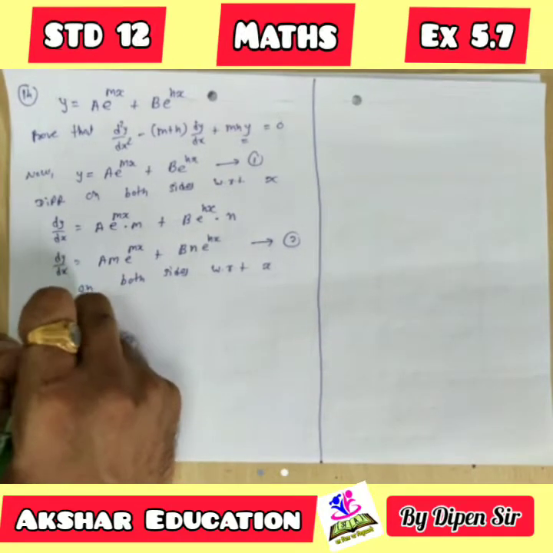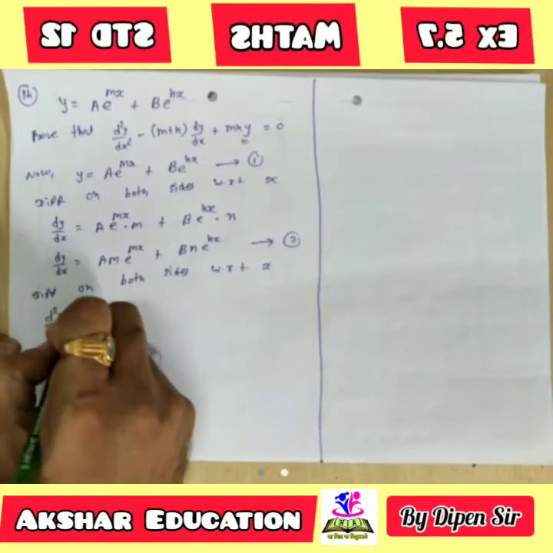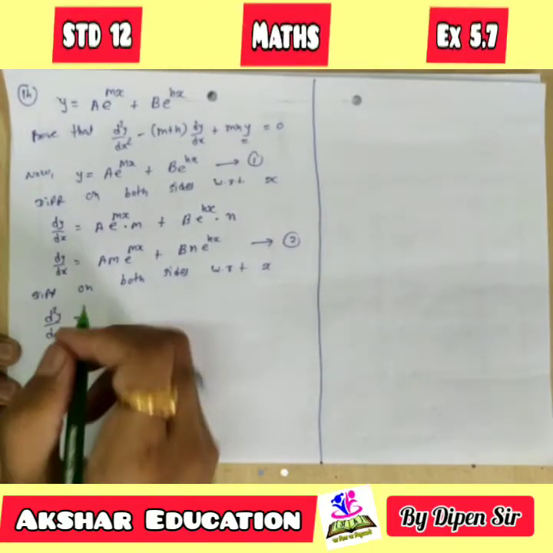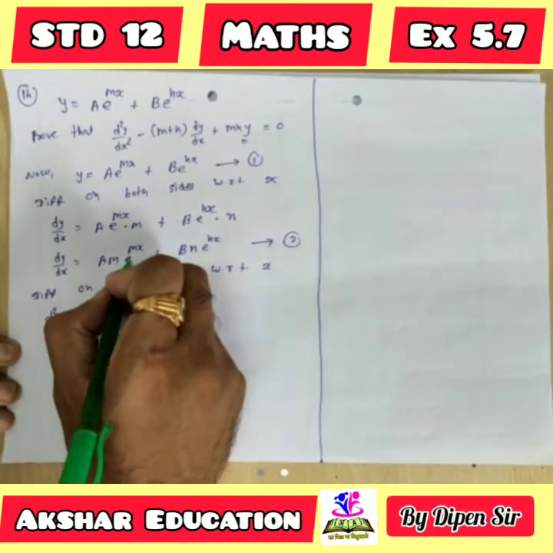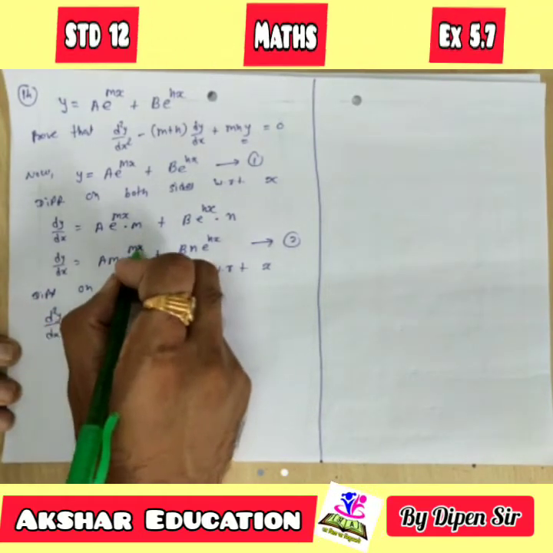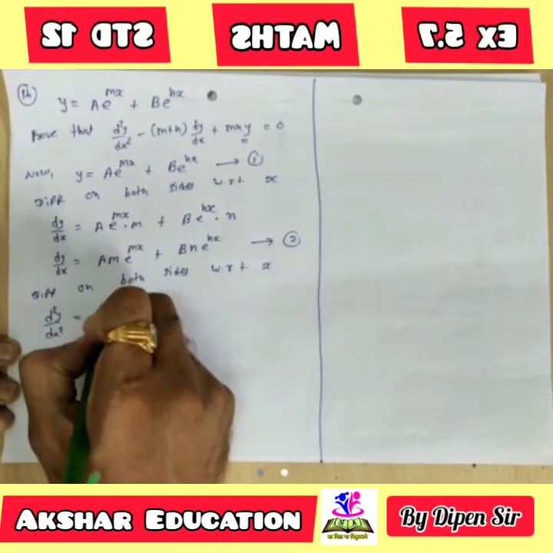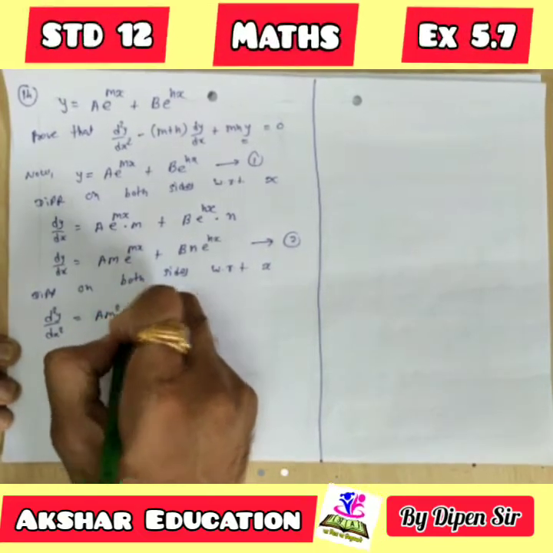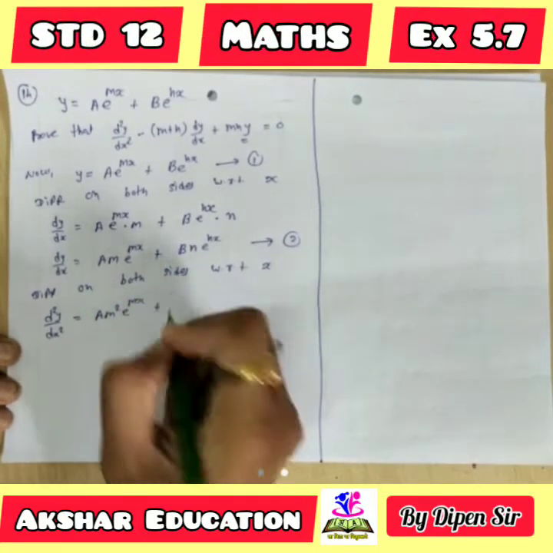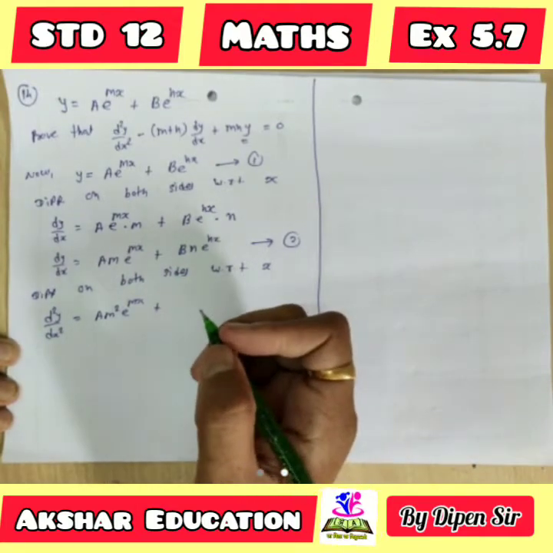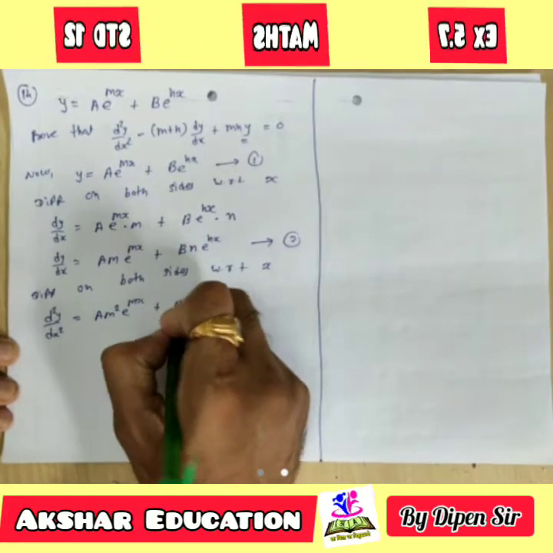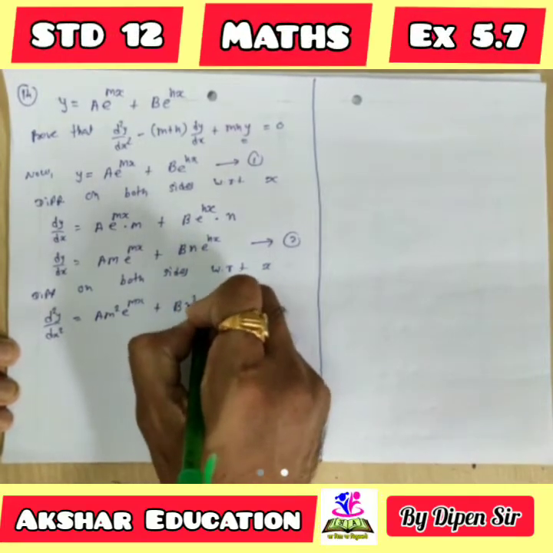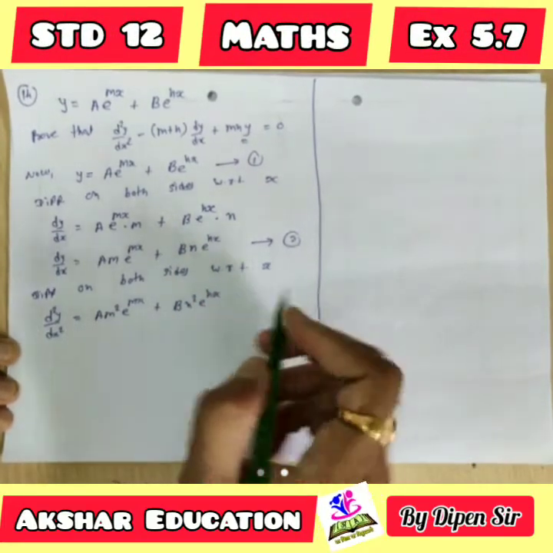So that will be d square y by dx square equal to, now here again this a into m is constant, and again differentiation of e raised to mx is e raised to mx into m. So this will be a into m square into e raised to mx plus, similarly here it's b into n square into e raised to nx.